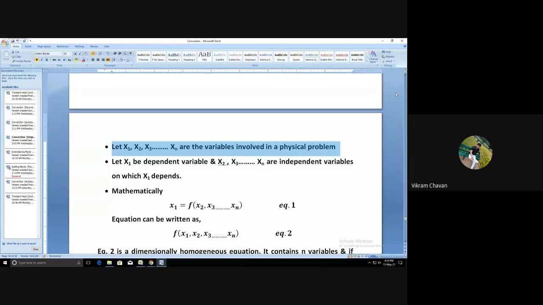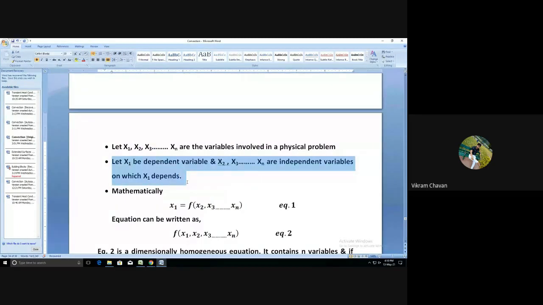Let x1 be the dependent variable and x2, x3 up to x suffix n are independent variables on which x1 depends.